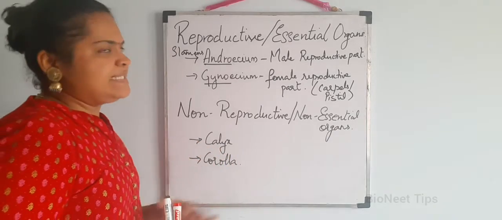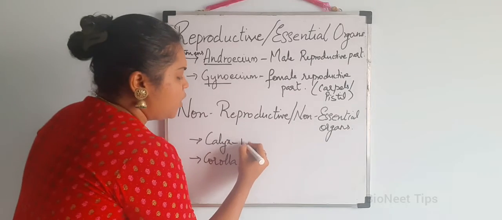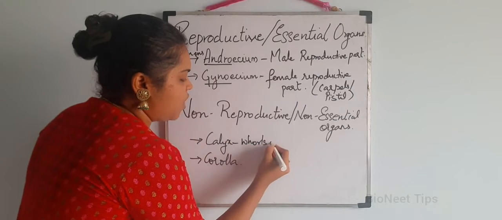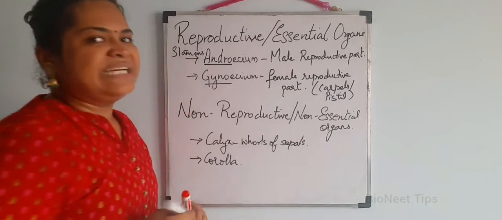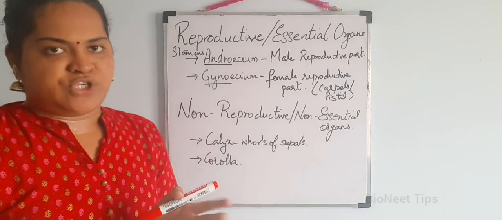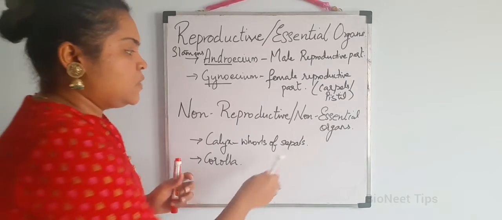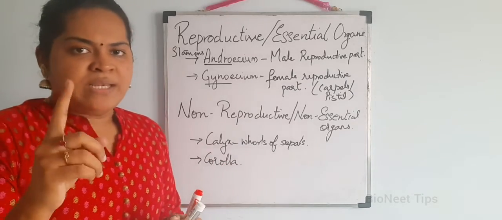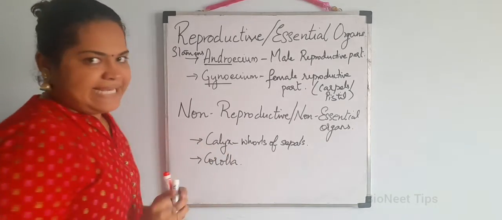Now seeing these terms also, you need not panic. Calyx is nothing but the whorls of sepals. So I told you that there are green leafy structures which are present just above the pedicel, right? So we call them sepals. One is a sepal, a bunch of sepals is called a calyx.